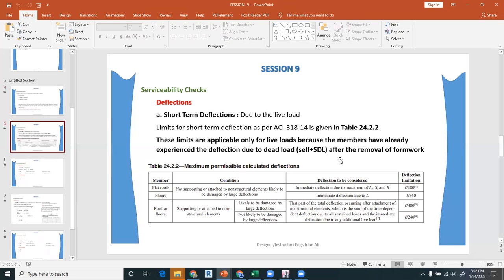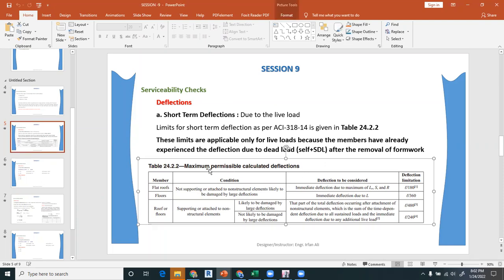And the short-term deflection check is normally for the live loads, because the dead load deflection is already incorporated during the construction when the formwork is being removed. It is also written here that these limits are applicable only for the live loads, because the members have already experienced the deflection due to the dead load, self weight plus SDL, after the removal of the formwork, right?